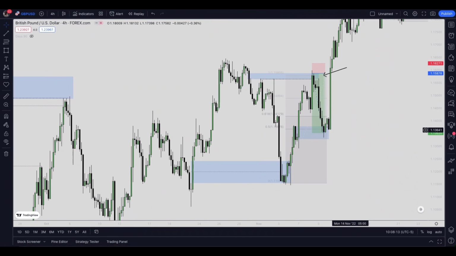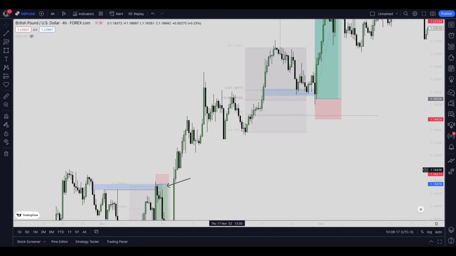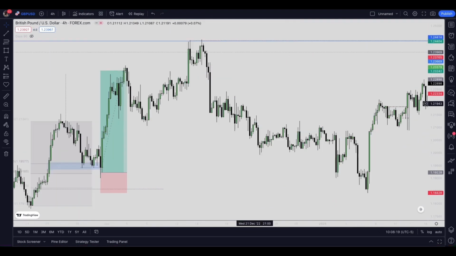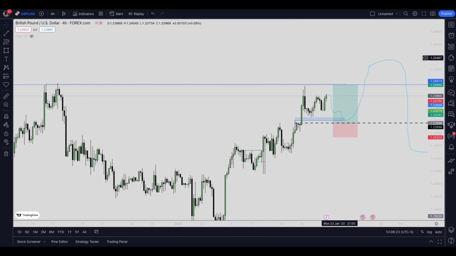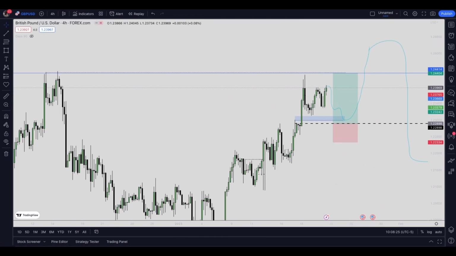So since we are on the 4-hour chart, I might just do a daily bias forecast for next week's trading. It is the weekend right now, so I did my weekend daily bias analysis for next week's trading.